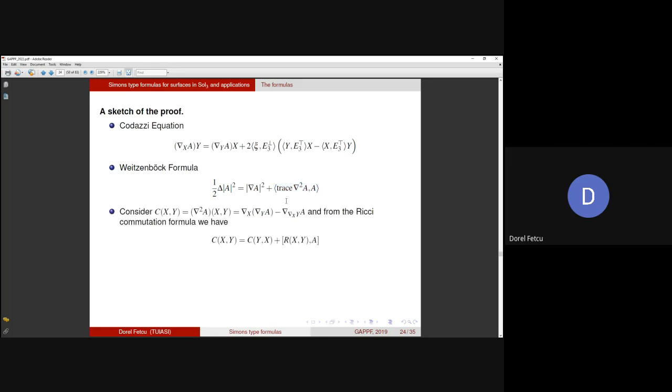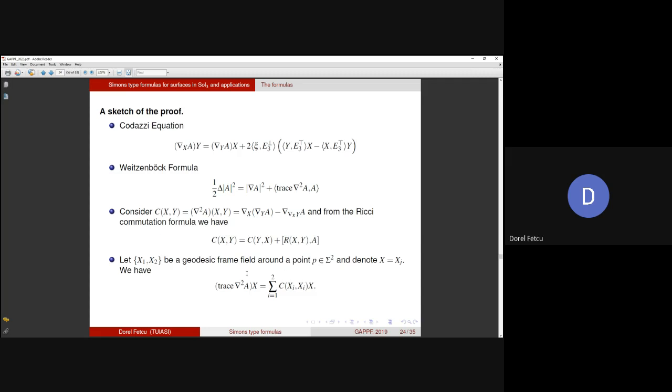In order to do that, we will use the same method as Nomizu and Smyth in 1969 and then in 1973. We'll consider this quantity C of X and Y defined in this way. And from the Ricci commutation formula, we have a first property of C given here.